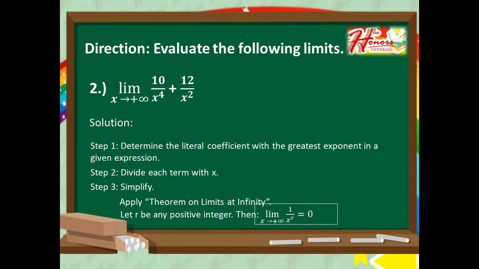Step 2, divide each term by x raised to that exponent. The literal coefficient here is x and x, but we have to choose the greatest exponent. So that's 4, because 2 is less than 4 and 4 is greater than 2. So we have to divide each term by x raised to 4.